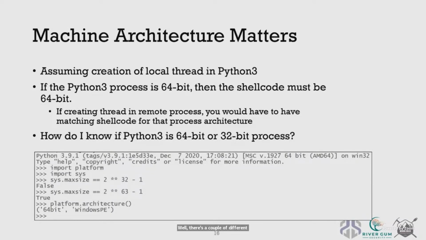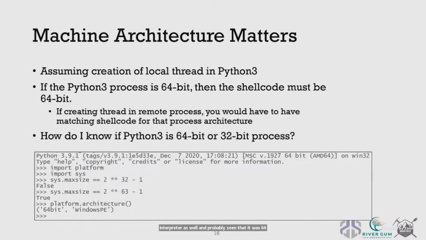You can import sys and check the sys.maxsize variable, and if it is equal to 2 to the power of 32 minus 1 or 2 to the power of 63 minus 1, that will tell you whether you have a 64-bit or a 32-bit interpreter. But you could have looked at the banner of the Python interpreter as well and probably seen that it was 64-bit.